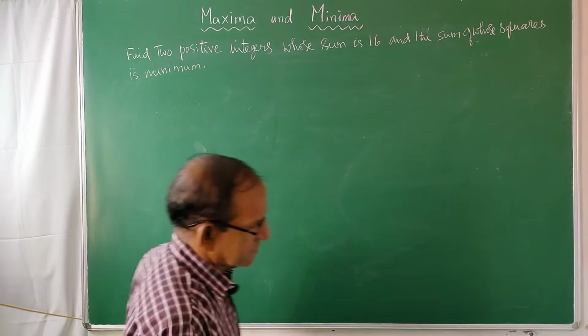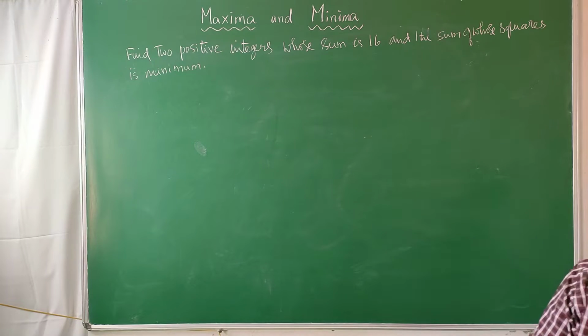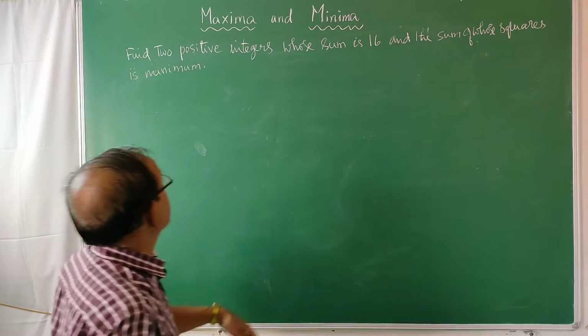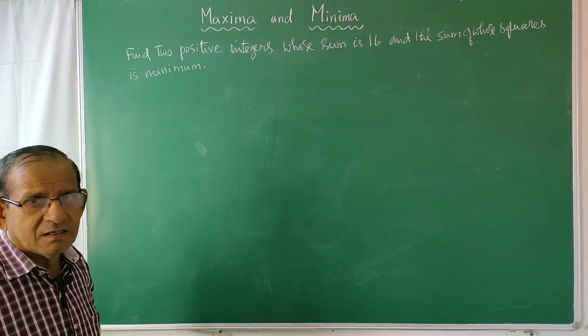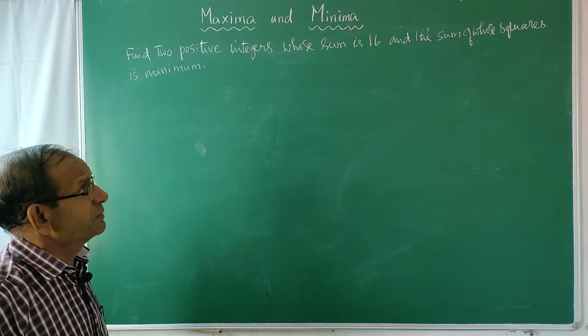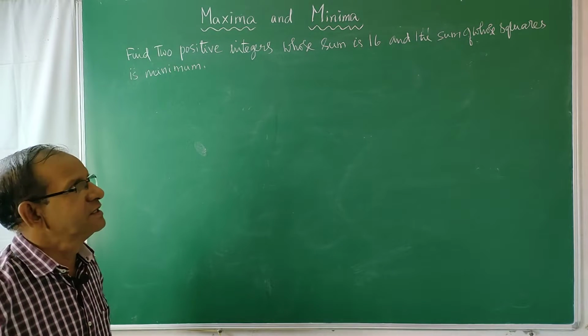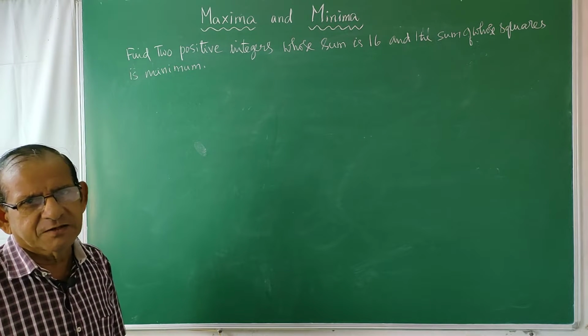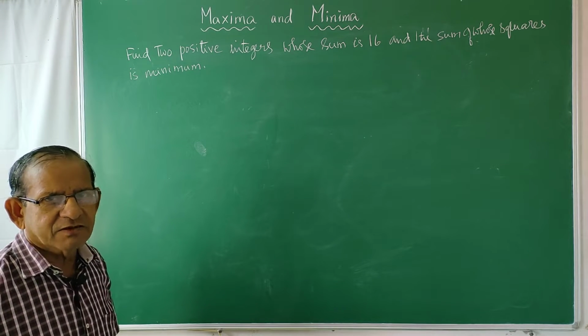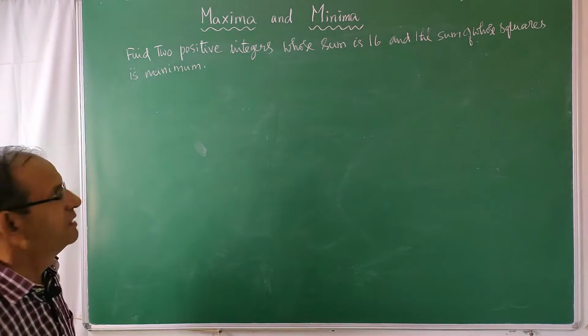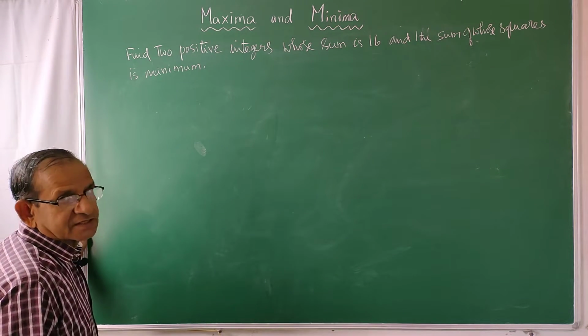Now see this question. Here we have to find out two numbers, positive integers. The sum of those two numbers is 16 and sum of the squares is minimum. We have to find out x and y such that x square plus y square is minimum. Now let us take the two numbers as x and y.